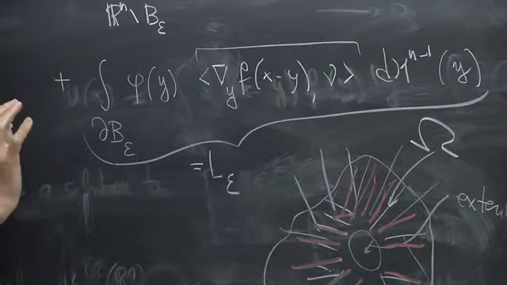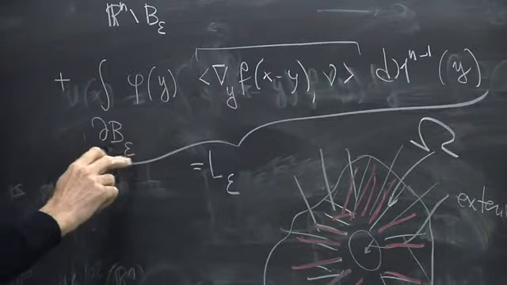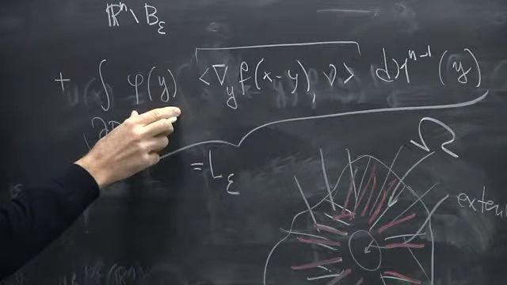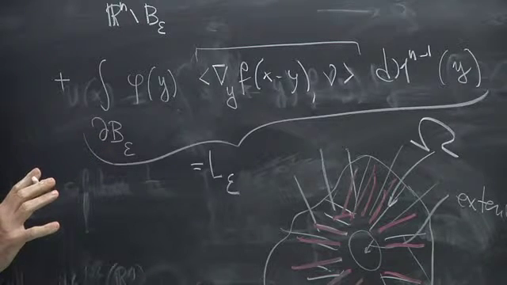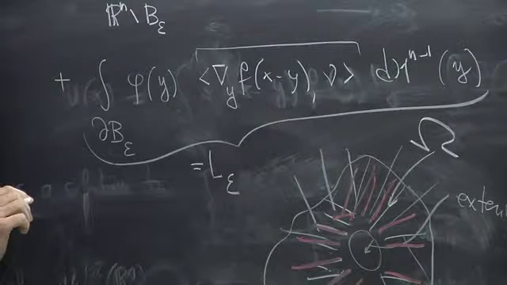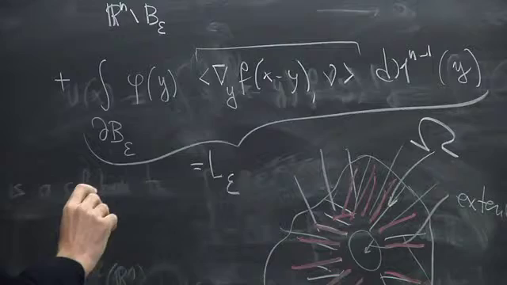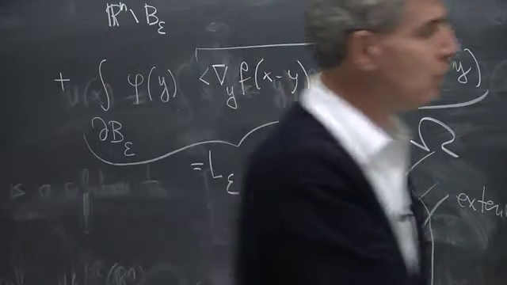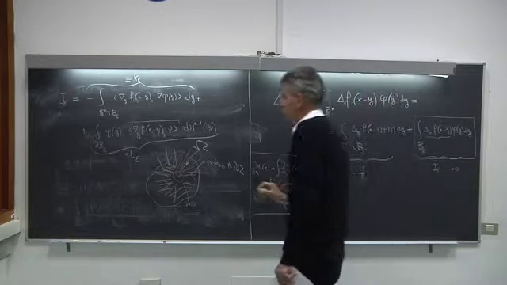In any dimension, epsilon to the n minus 1 divided by epsilon to the n minus 2 still goes to 0. Therefore, also L epsilon goes to 0. So this goes to 0, and this goes to 0.